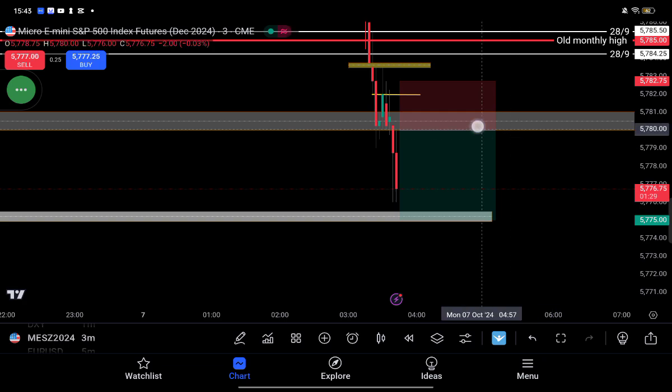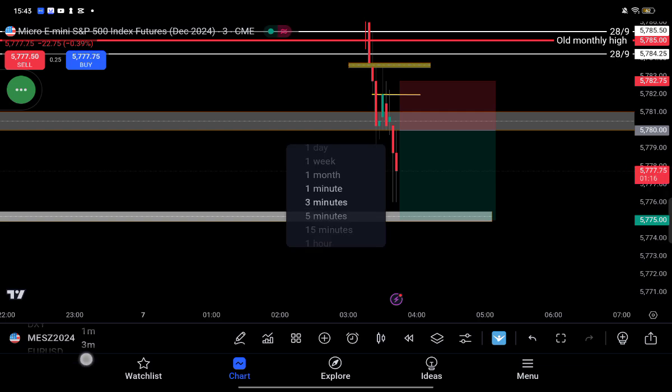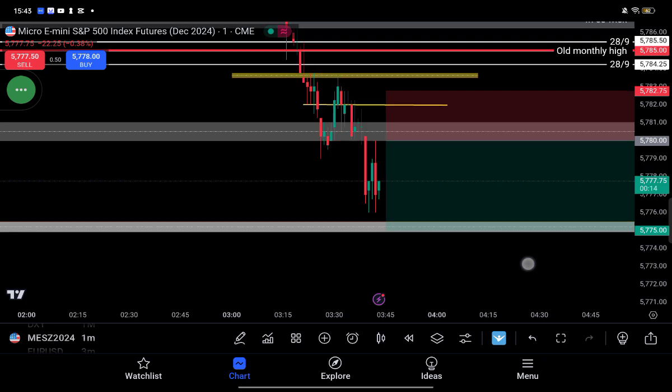So if it comes up to this volume imbalance, then I will go short, seeing how it is right now. Forex also looking lower. Dollar going higher. So let's look at 1 minute.